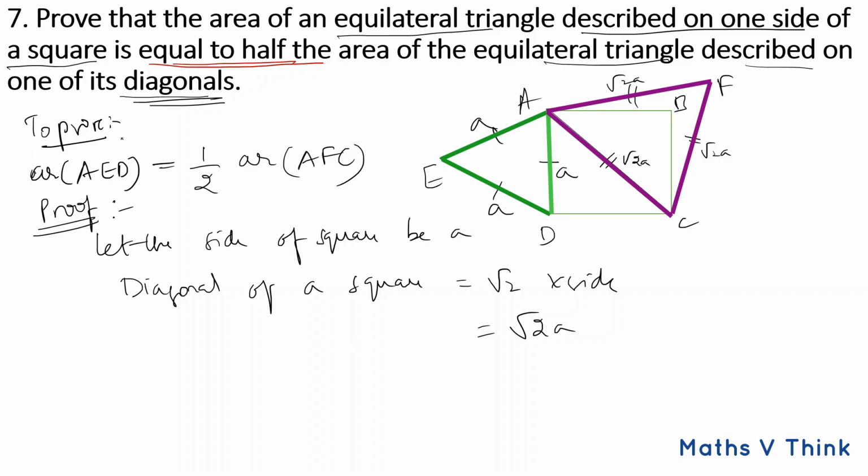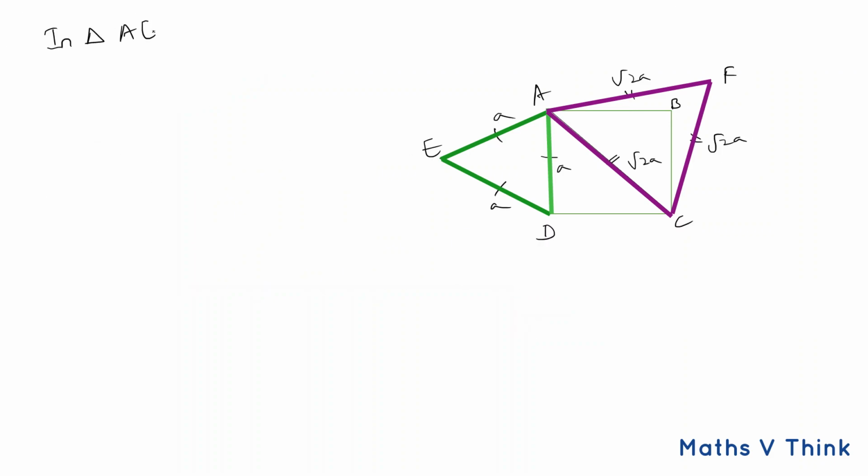Now, our to prove is given as area of triangle AED and area of triangle AFC. So first we need to prove the similarity of AED and AFC. In triangle AED and triangle AFC, can I tell all their corresponding angles are equal? Why? Because they are equilateral triangles.